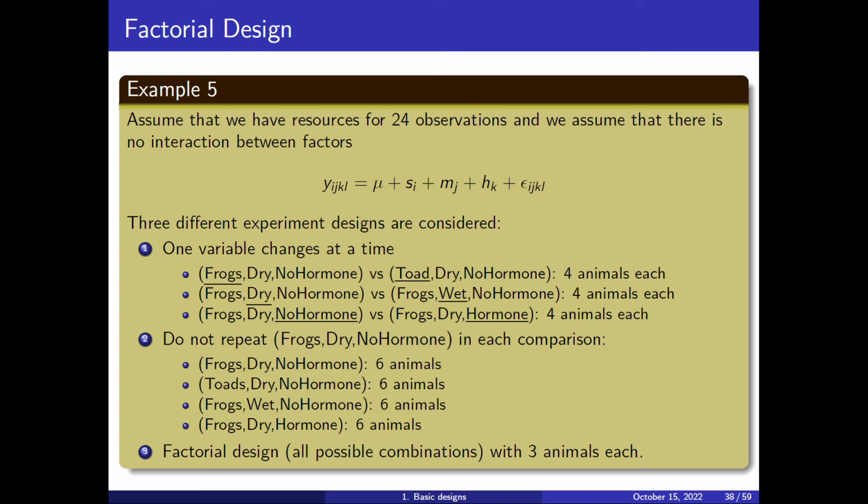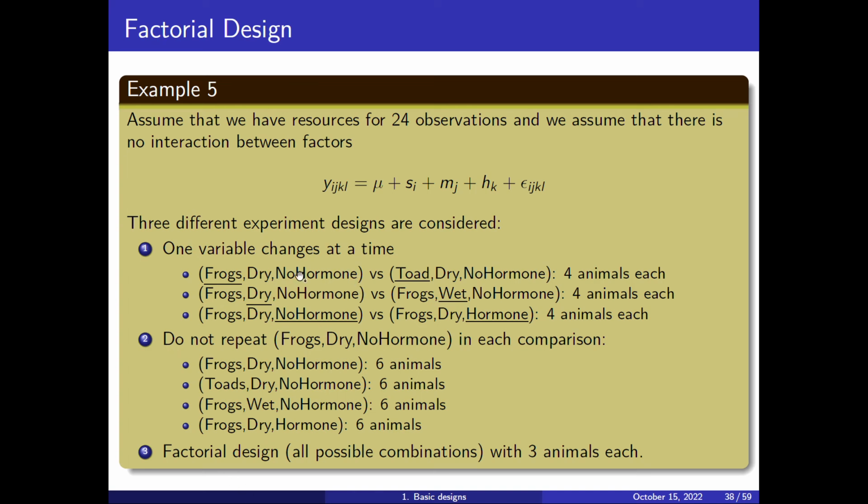Okay, so let's say that you're allowed to have 24 animals to perform an experiment, this experiment with frogs and toads and hormone and so on. And let us say that we are only interested in the main effects. So if this is the case, then we could have 3 different designs.